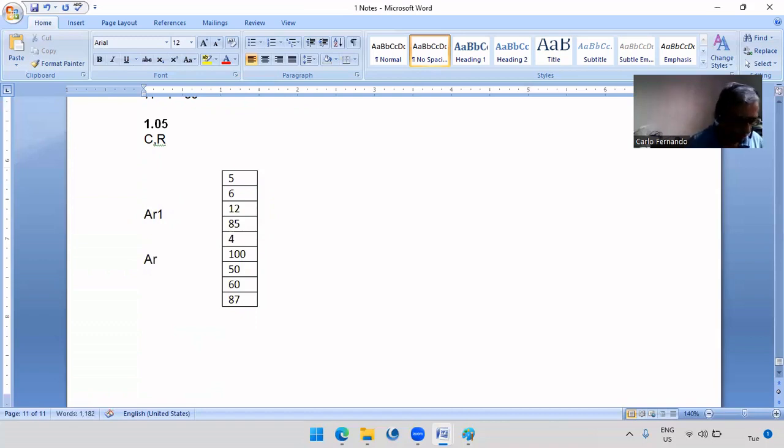You refer to the AR1 element number 1, 2, 3, 4, 5, 6. That's the way, right?